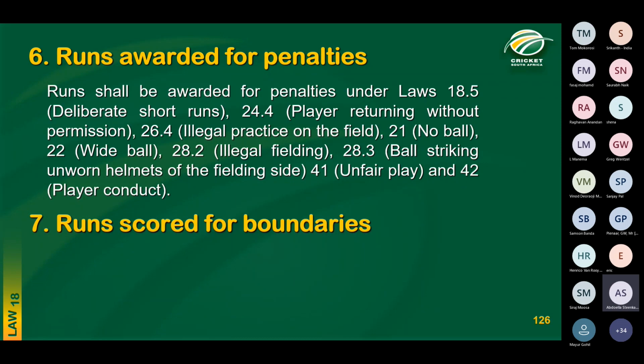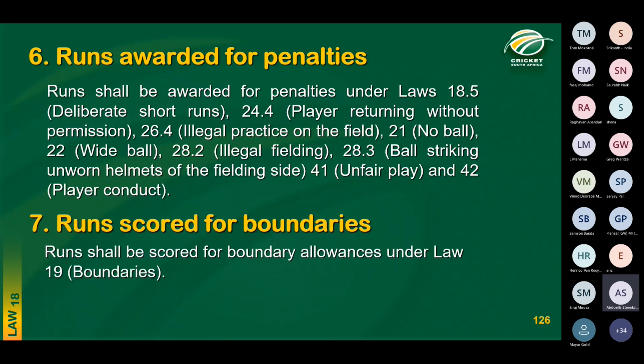Similarly, illegal practice on the field, no ball, wide, illegal fielding, if the ball strikes the helmet that was placed on the field behind the keeper, unfair play under law 41 and player conduct under law 42.